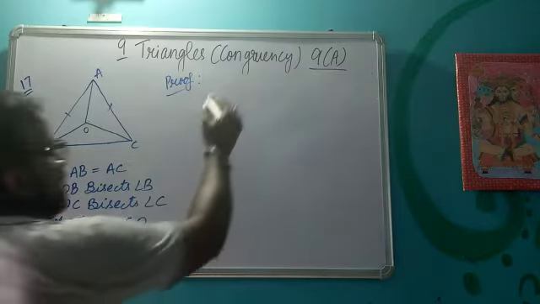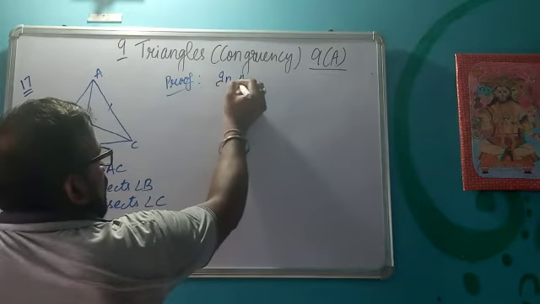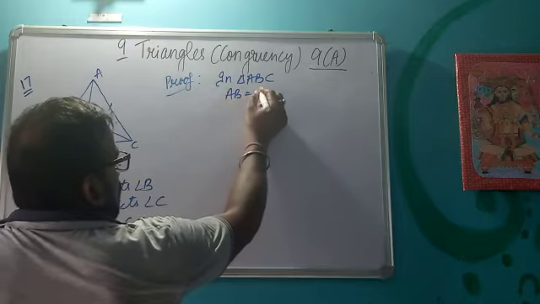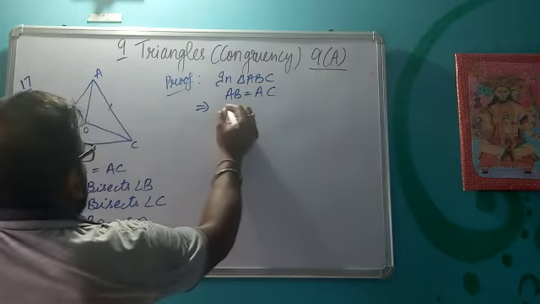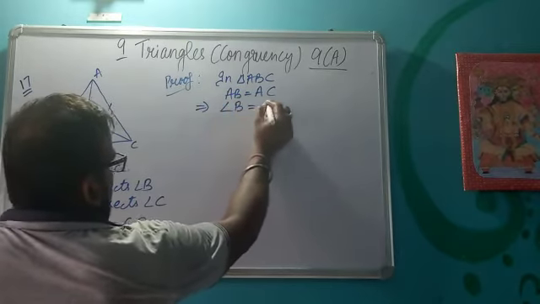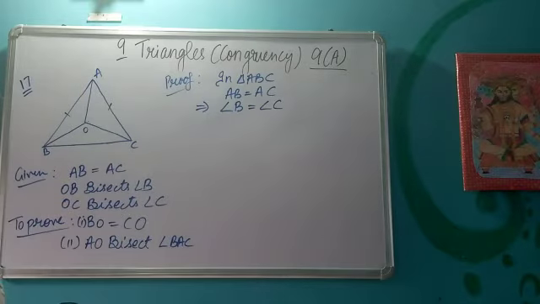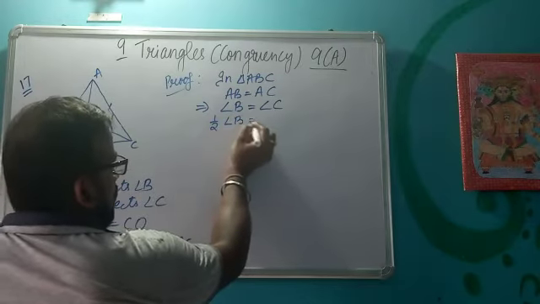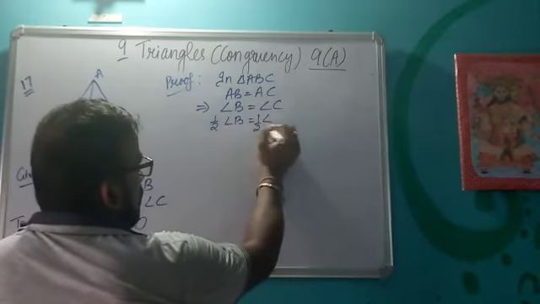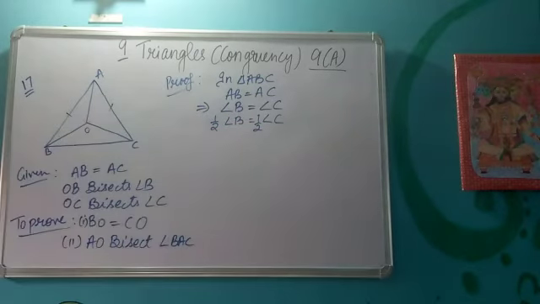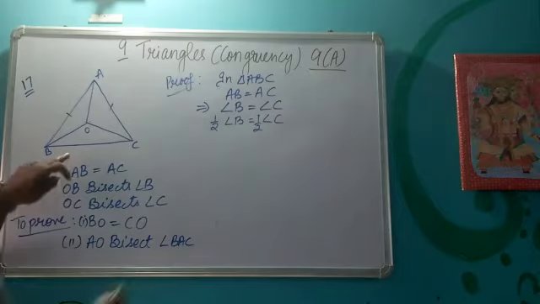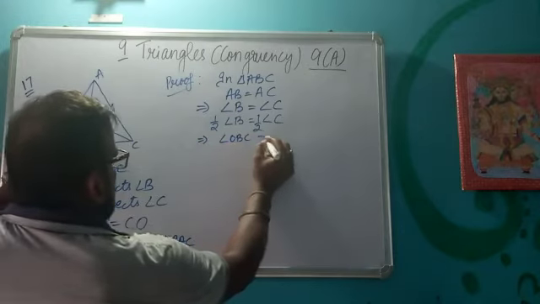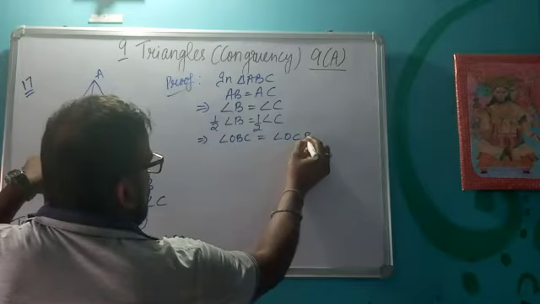So we will use this fact in triangle ABC, AB equals AC. That means angle B equals angle C. Also, half of angle B will be equal to half of angle C. Since these two are equal, their halves are also equal. So we will take angle OBC equal to angle OCB.